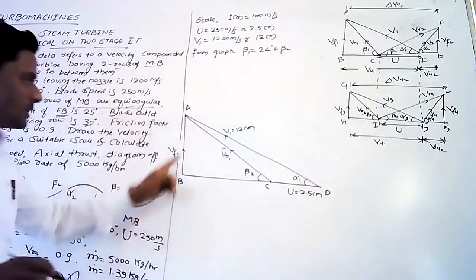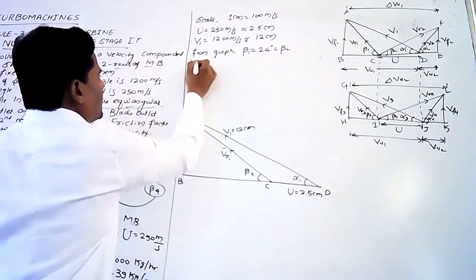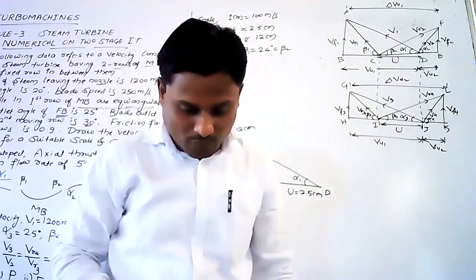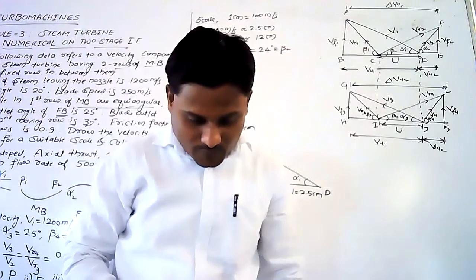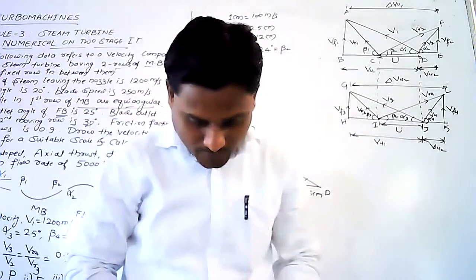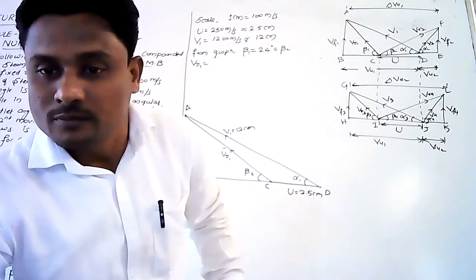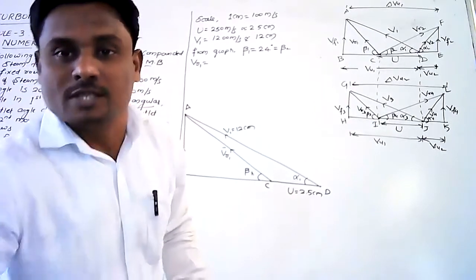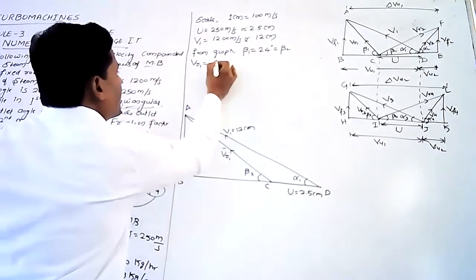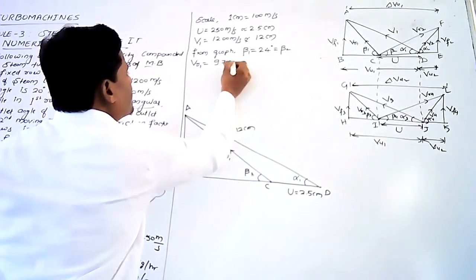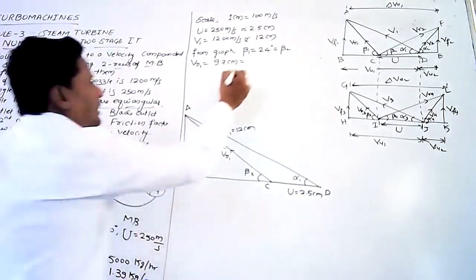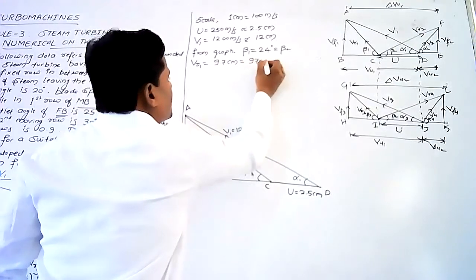Next, what is the length of VR1 here? In terms of centimeters, the expected length for VR1 is 9.7 centimeters, or if you multiply with the scale ratio, that is 100, the answer will be 970 meter per second.